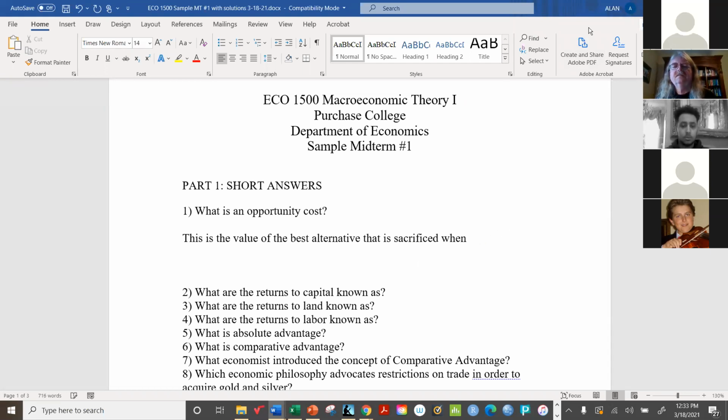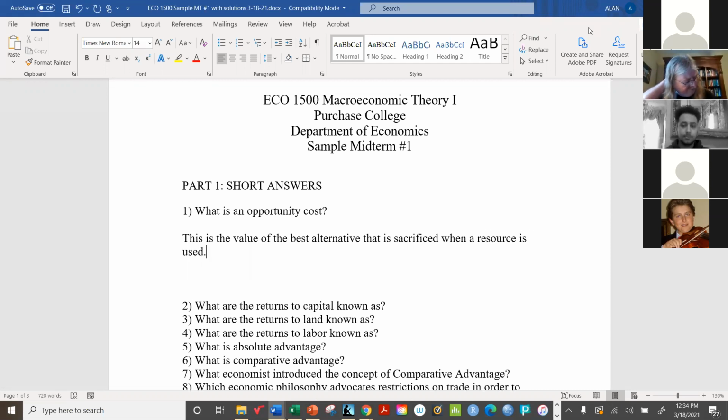I guess we can keep it as general as we can. The best alternative sacrificed when resources are used. For example, if you use your beef to produce hamburgers, you can't also produce steak.